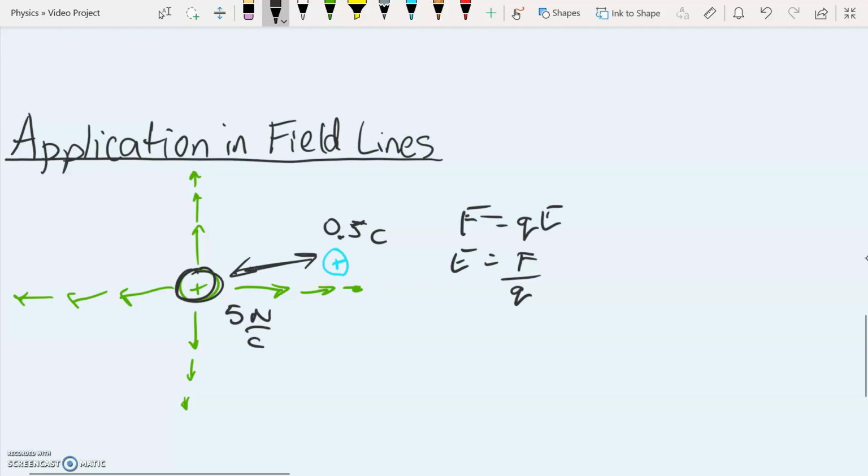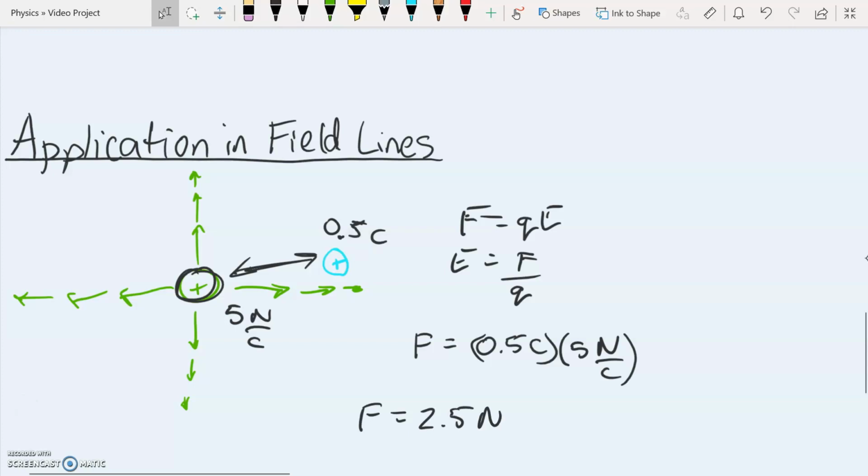For example, this one: the force equals the charge multiplied by the electric field, and that would give us a force of 2.5 newtons.